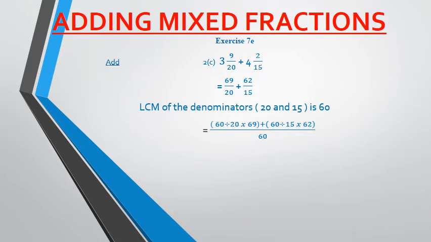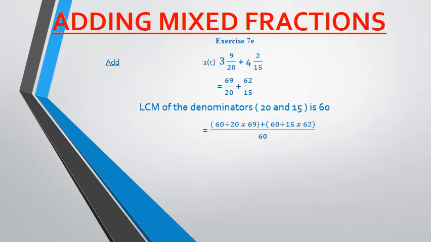in the numerator we will write 60 divided by the first denominator, which is 20, multiplied by the first numerator, which is 69, plus 60, that is the LCM of the two denominators, divided by the second denominator, multiplied by the second numerator, upon the LCM of the two denominators, which is 60.